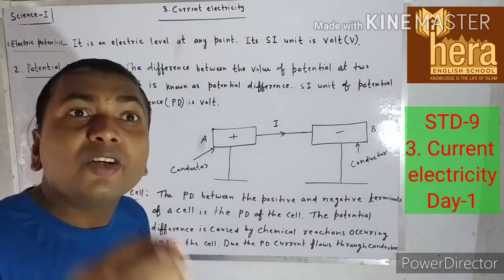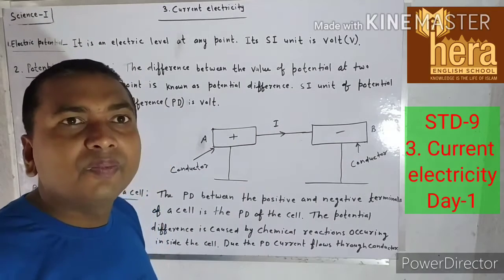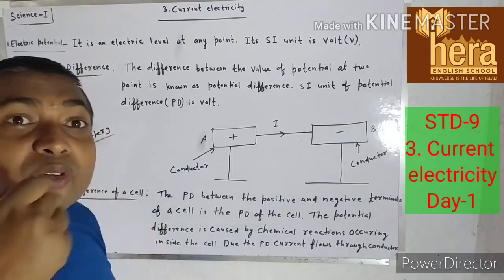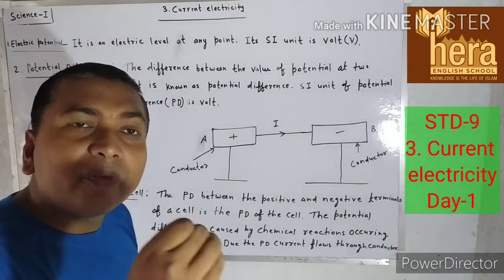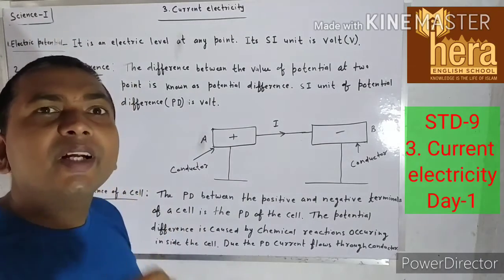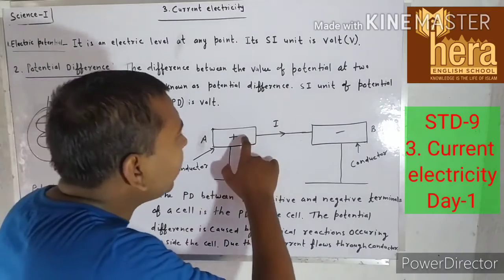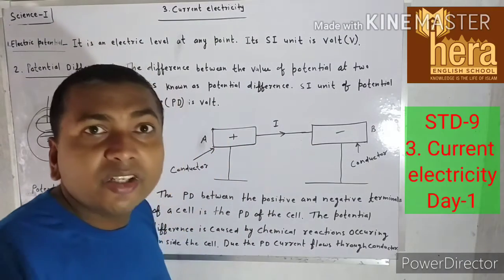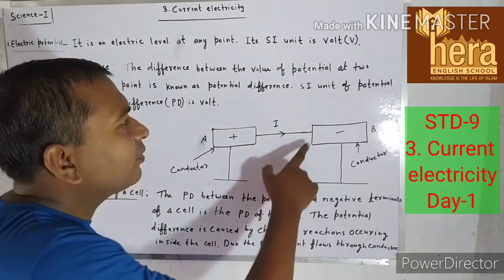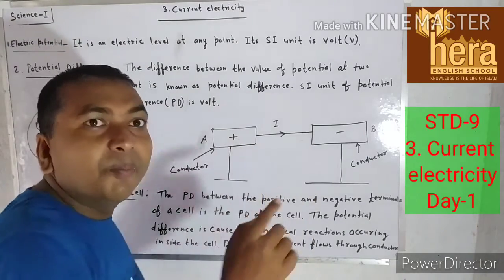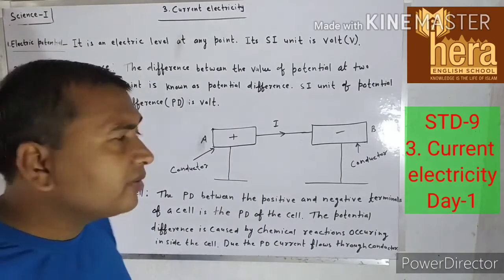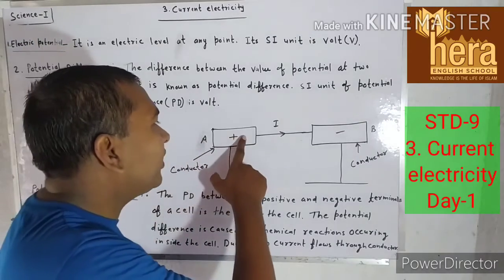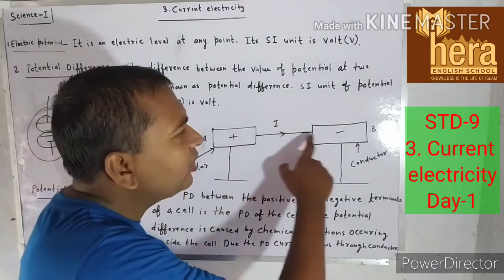But electrons flow opposite to the direction of current. The electrons move from negative to positive, but the current flows from positive, that is high potential, to low potential.